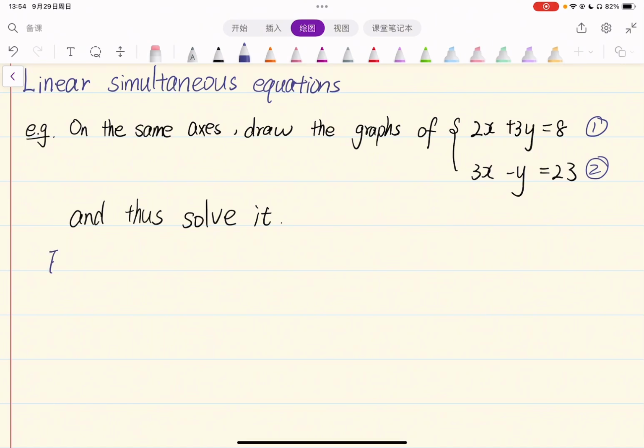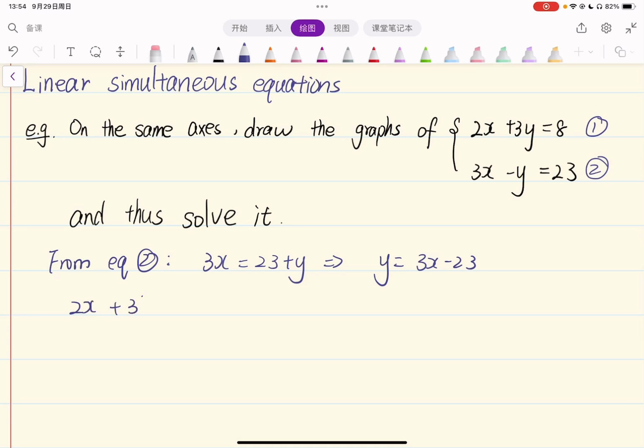From equation 2, we get 3x equals 23 plus y. That implies y equals 3x minus 23, and we substitute it into equation 1. We have 2x plus 3 times (3x minus 23) equals 8.